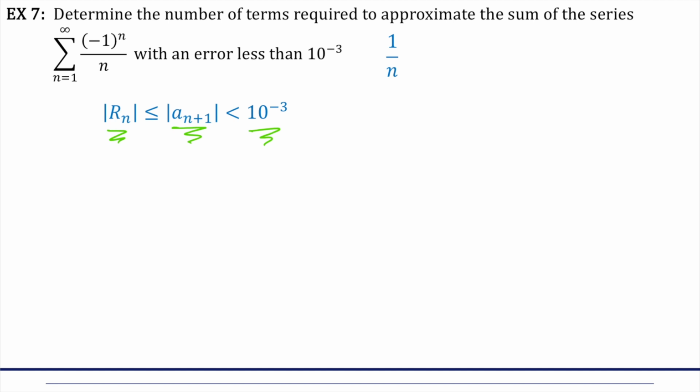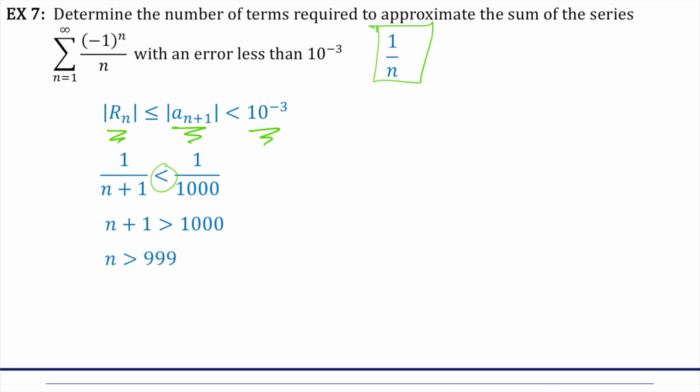Well, if my original series is 1 over n, then I need an n plus 1 term, which is going to be 1 over n plus 1. And I want that to be less than 1 over 1000. And now we just get to solve this inequality. So in order to get so close that your partial sum is within 1/1000th of the actual sum of the series, I need to have at least 999 terms.